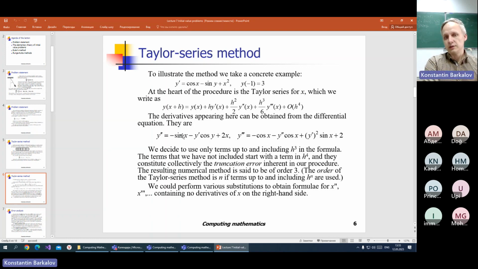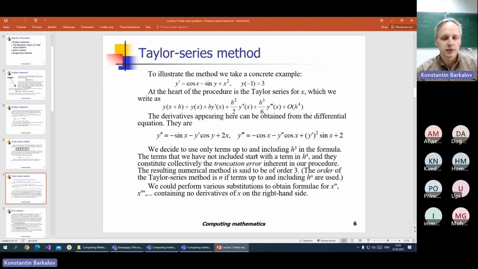The heart of the procedure is a Taylor series, which we can write in this form: y of x plus h equals y of x plus h y prime plus h squared over 2 times the second derivative plus h to the power 3 over 6 times the third derivative, and so on, the terms of h to the power 4 and larger.